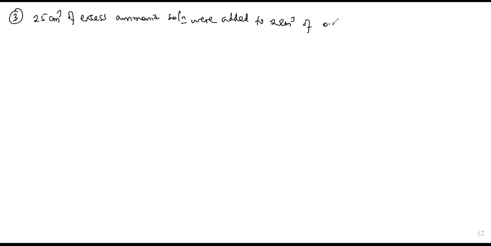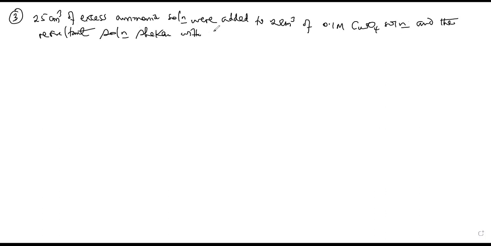Question 3. 25 cubic centimeters of excess ammonia solution were added to 25 cubic centimeters of 0.1 molar copper(II) sulfate solution, and the resultant solution shaken with trichloromethane.